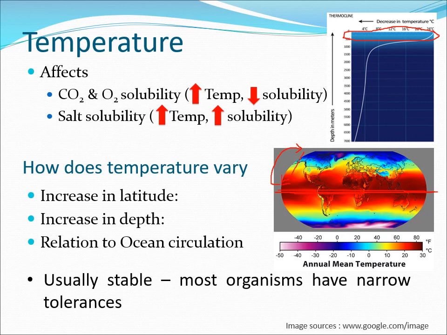So along the ocean vertical column, the hot surface water moves towards the polar region as surface water, and the polar dense cold water sinks below and moves towards the equator as the bottom current, as the bottom water.